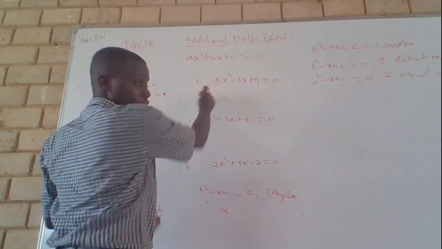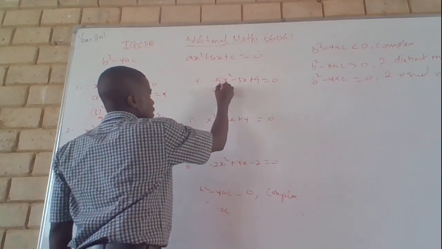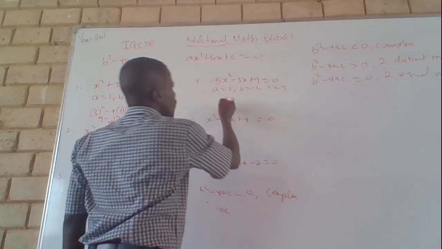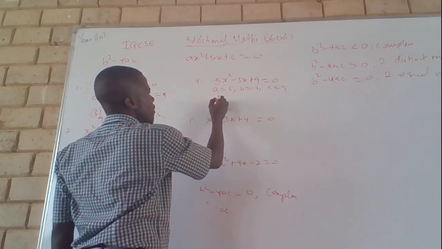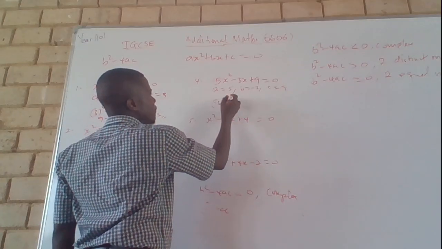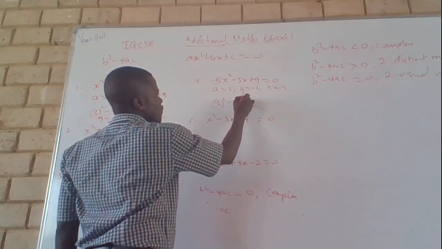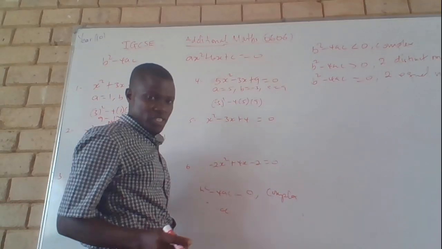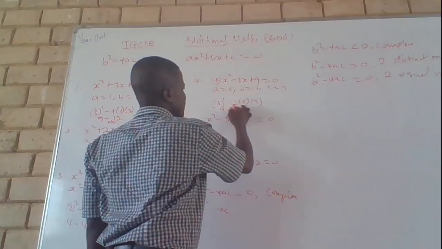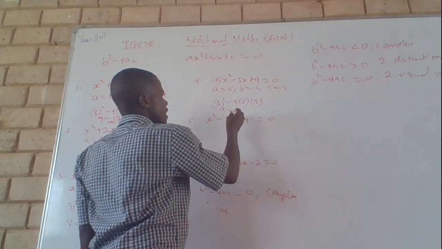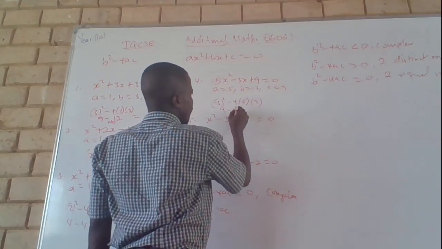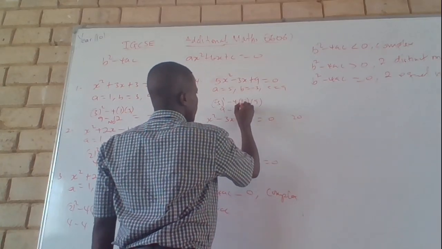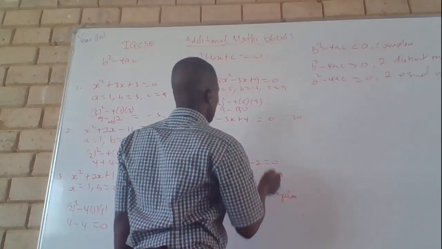Now let's come here at number 5. Our A here is 5. Our B here is minus 3. Our C is 9. So we say minus 3 all squared minus 4 times A, which is 5, times C, which is 9. So minus 3 squared is 9, minus 4 times 5 is 20, times 9. 9 times 2 is 18, so 180.